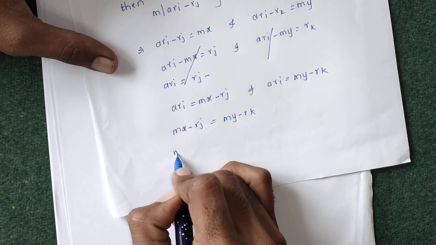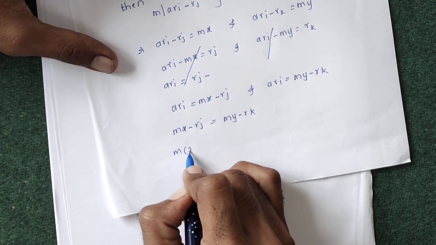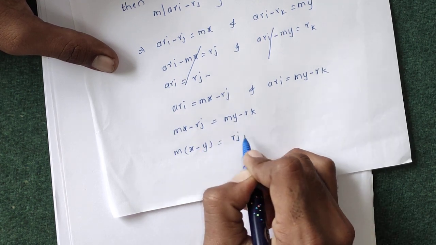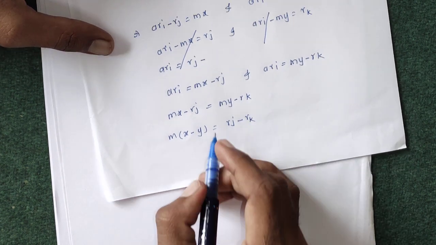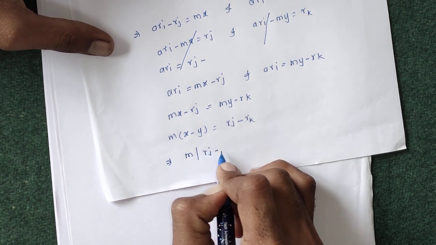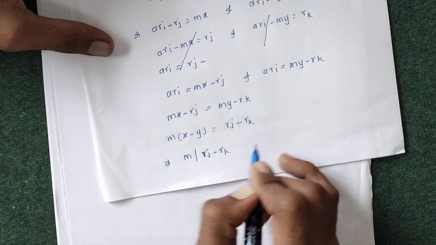Putting and rearranging again, we get M(x minus y) is equal to Rj minus Rk. So this gives us that M divides Rj minus Rk.